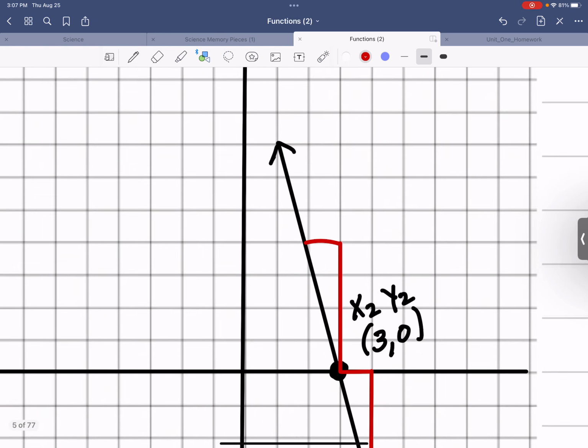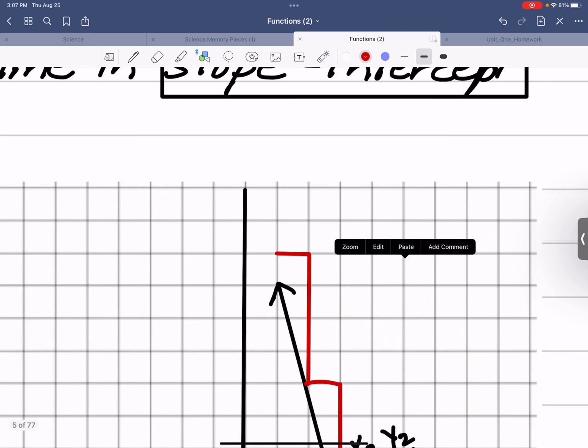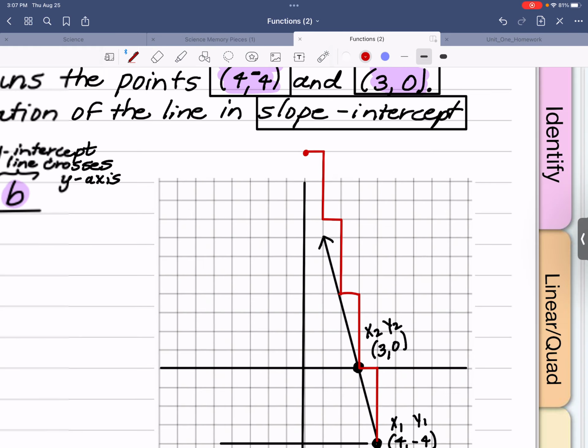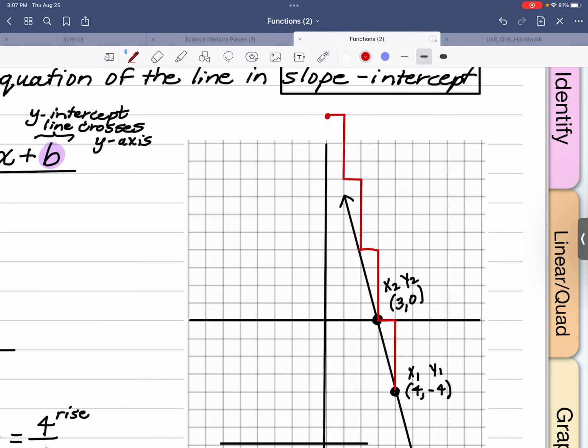I rise 4 and I run 1. Do you see what I'm doing? I ran out of graph. If I could rise 4 and run 1, look at what I would have. There's baby B, where that line intersects the y-axis.